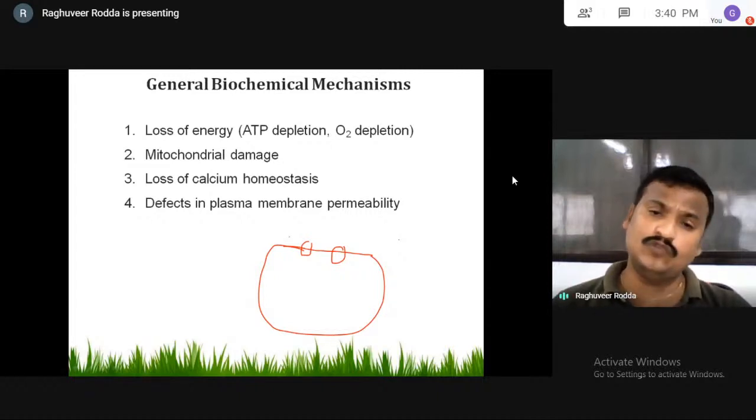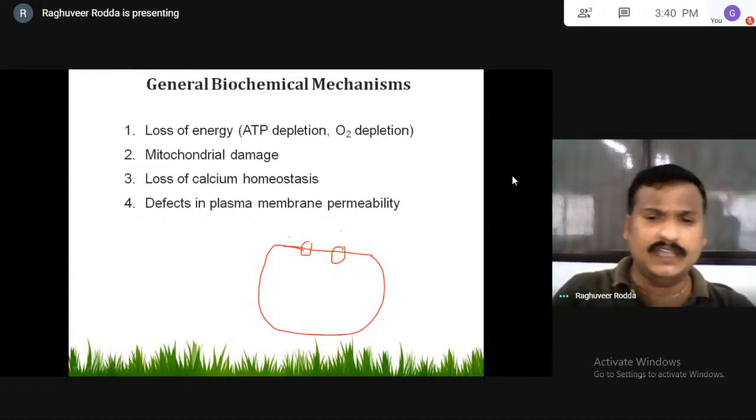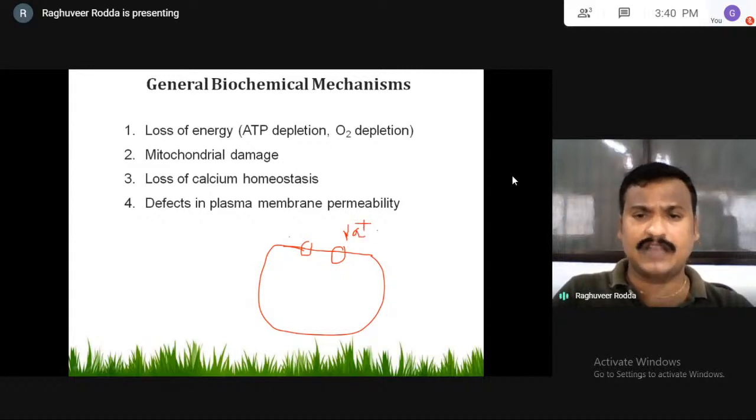To maintain normal activities, it is very important to keep the sodium concentration high in the extracellular regions.